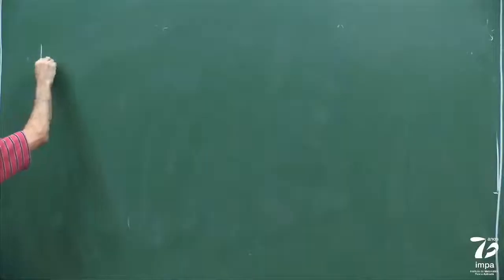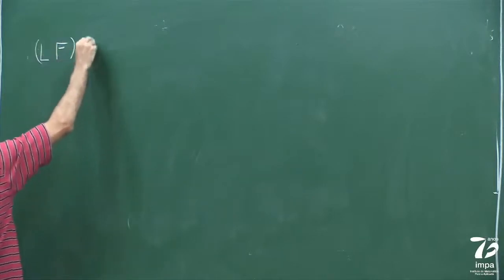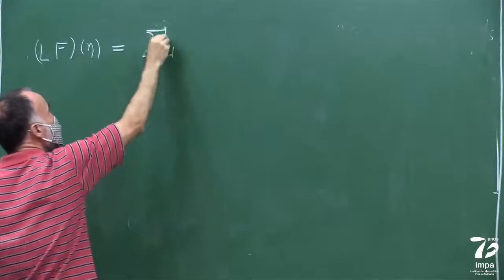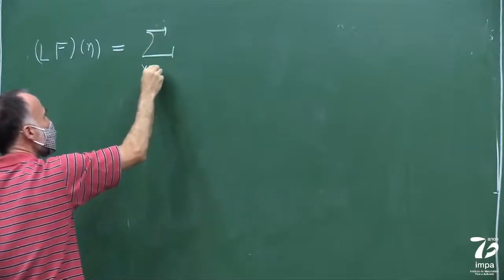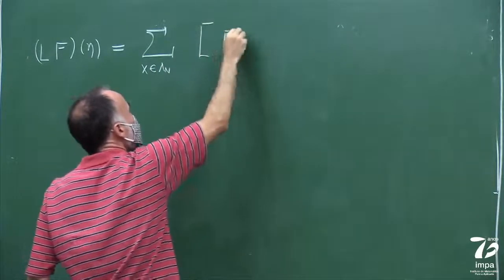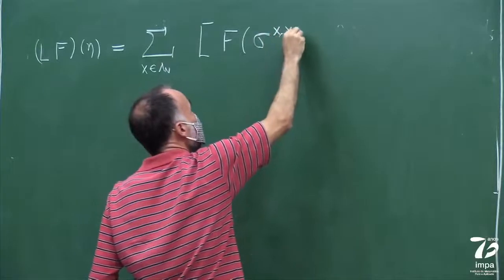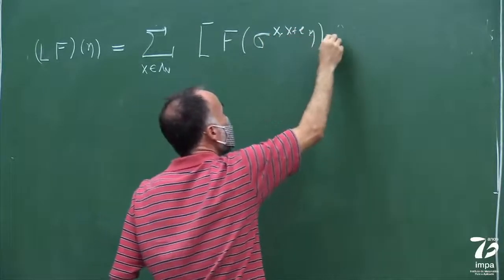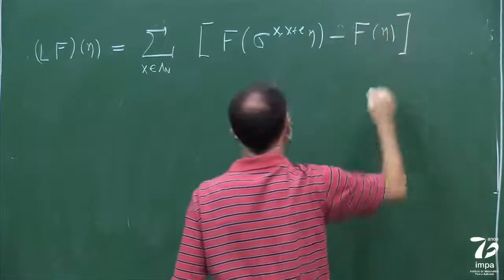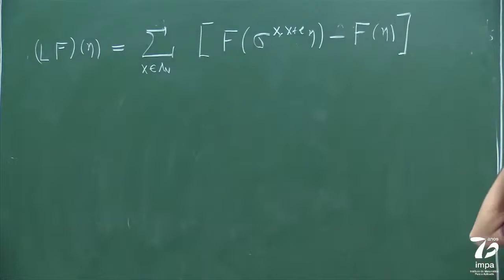So L of a function f computed at the configuration eta, remember, is the sum for all x in lambda n of f of sigma x, x plus e of eta, in which I exchange x and x plus e, minus f of eta. Right? This is the generator of the exclusion.